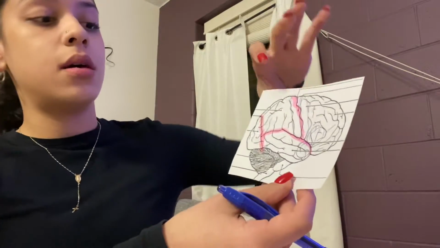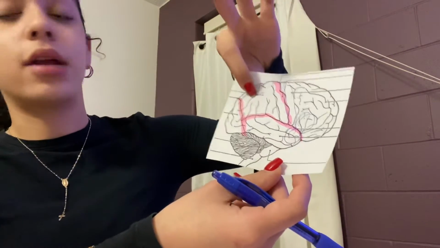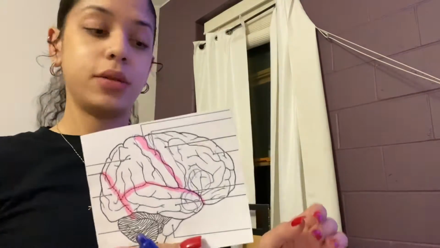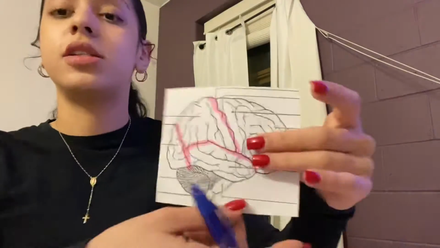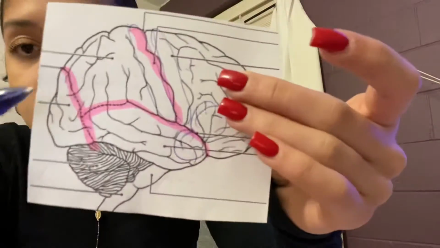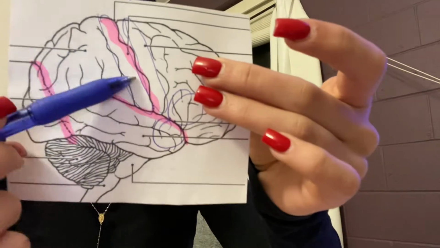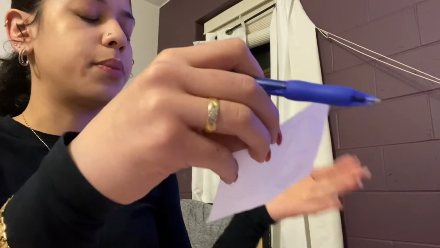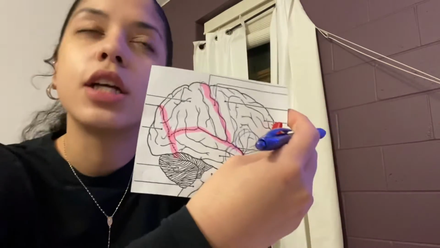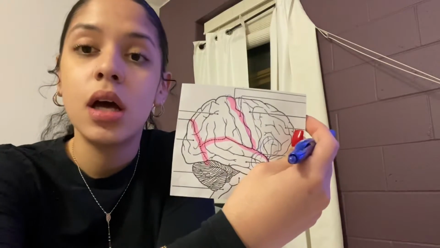So moving on to the parietal lobe next. In the parietal lobe, that's going to be part of language comprehension. And then this part on the other side of the pink, that's going to be your postcentral gyrus, and that's going to be in charge of your somatosensory cortex.